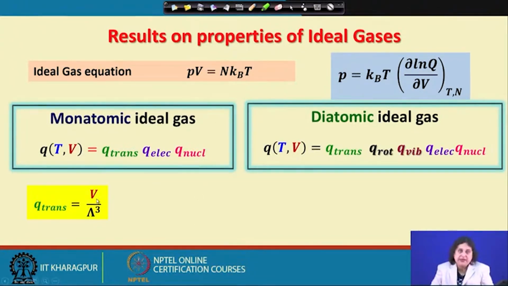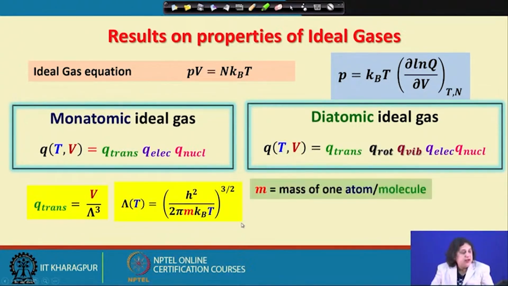the volume of the gas divided by the cube of the thermal de Broglie wavelength lambda, where we have already seen that the thermal de Broglie wavelength lambda depends on temperature and the mass of each particle, and therefore, the way the monatomic and the diatomic gases will differ from each other will be in terms of this quantity m.